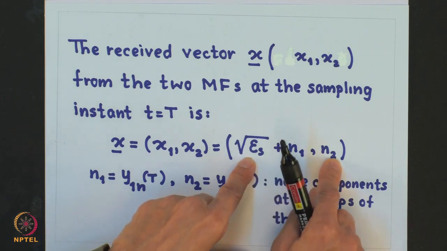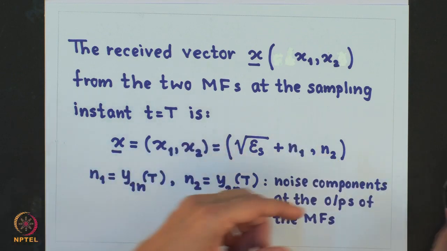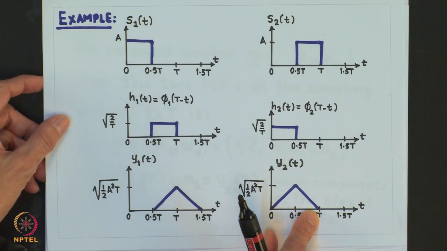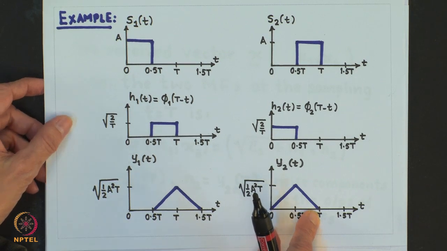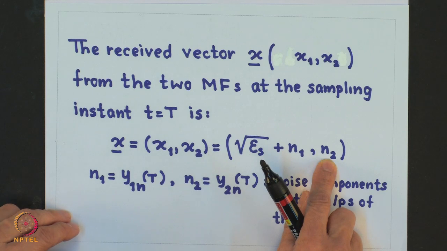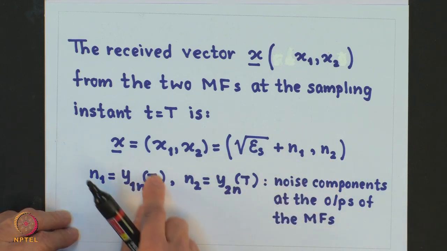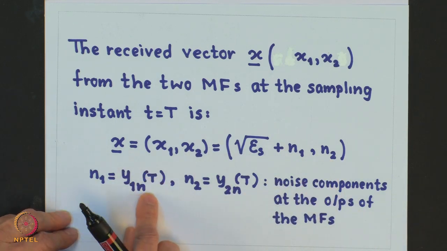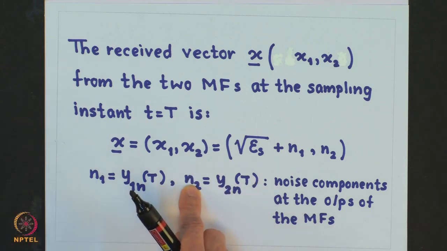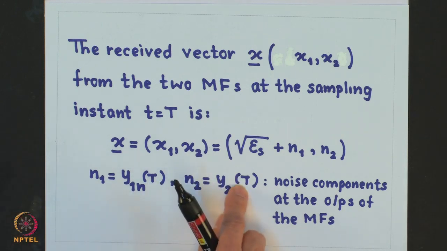The second one, x2, as far as the signal is concerned, is 0 because we have sampled at t equal to capital T. So, there is only a noise component, which I call N2. This is the noise component N1 from y1(t), and this is y2(t), the N2 noise component. And what are these noise components?